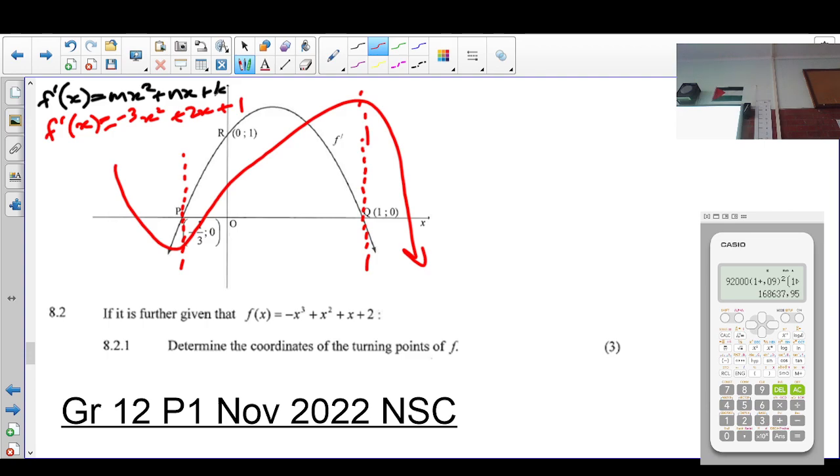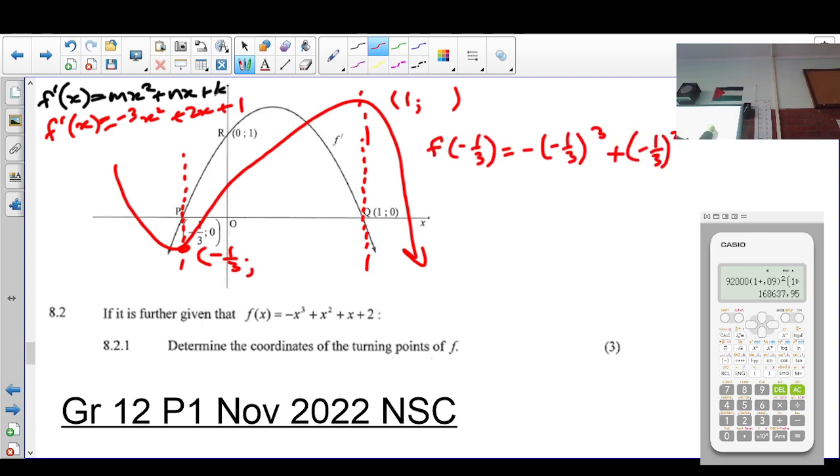Here, the x value is going to be negative a third and some y value, and of course here is going to be 1 and some y value. So how do I get the corresponding y value? I substitute negative a third into f of x. So it's going to be negative a third cubed plus negative a third squared plus 2.